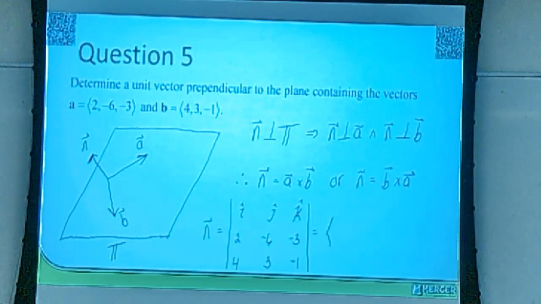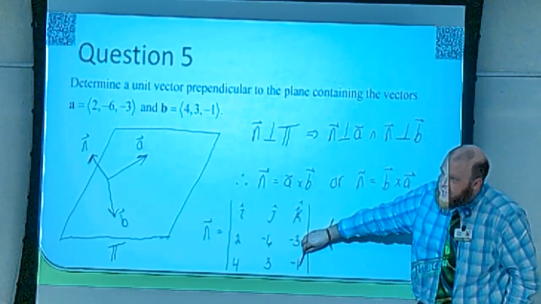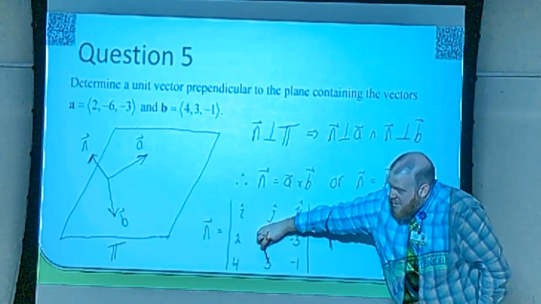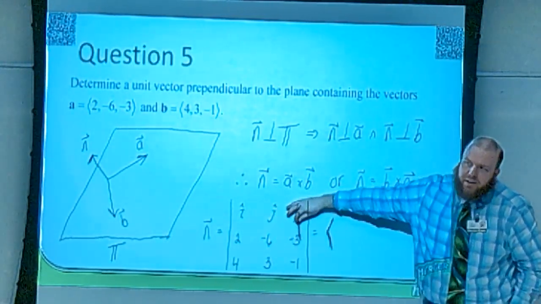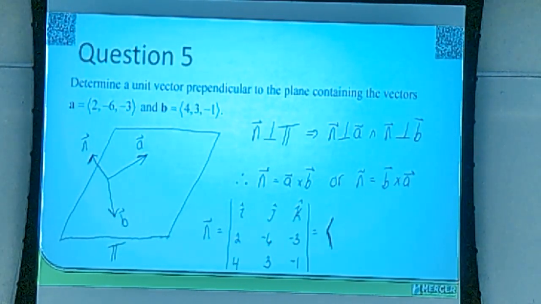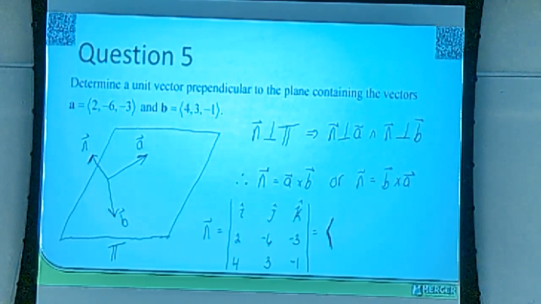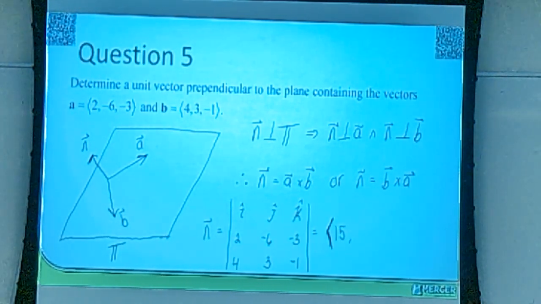I'm just going to jump right to component form. -6 times -1 is 6. -3 times 3 is -9. 6 minus -9 is 15. Now here's what I do.